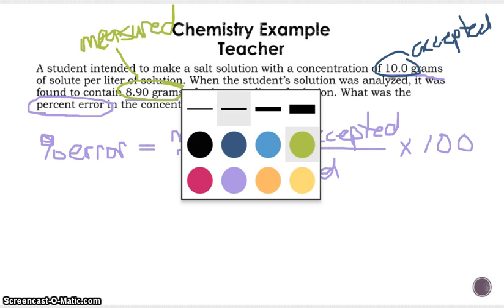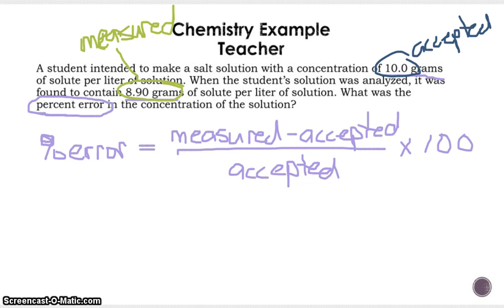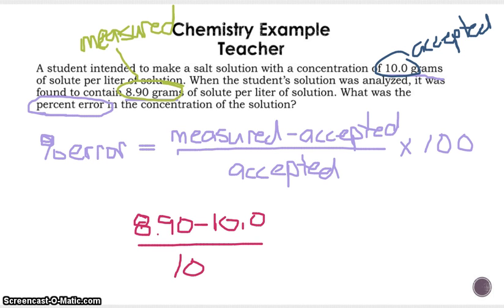So let's go ahead and do that. Take a look at our values. So our measured is 8.90 minus 10.0, divided by 10.0, times 100.